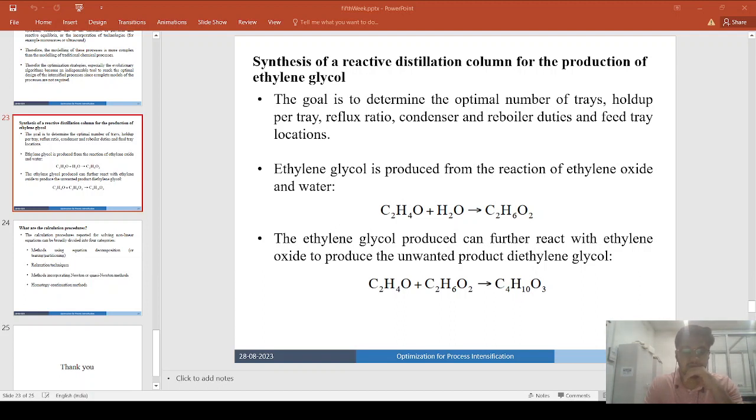Now if you substitute all of these in the objective function, you will get the objective function as a function of the cost parameters, the column model, the material balance, the energy balance, and the overall balance of the given components. Thereby you can solve for each of these things by plugging in the right equations.